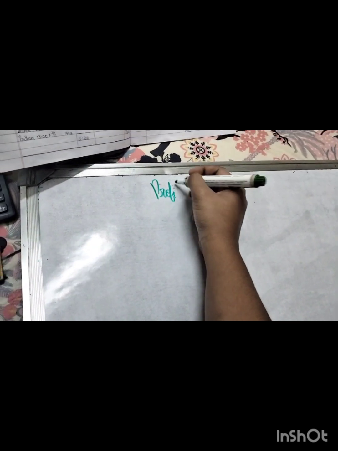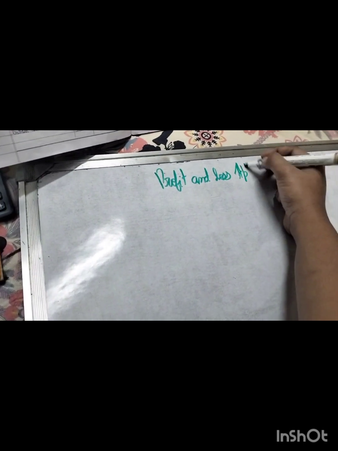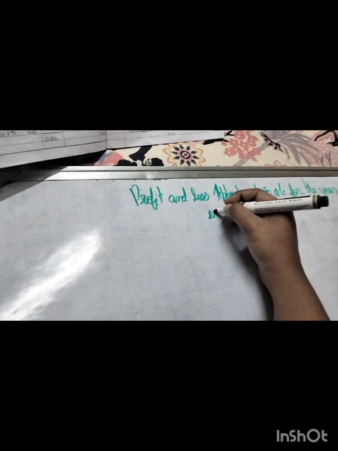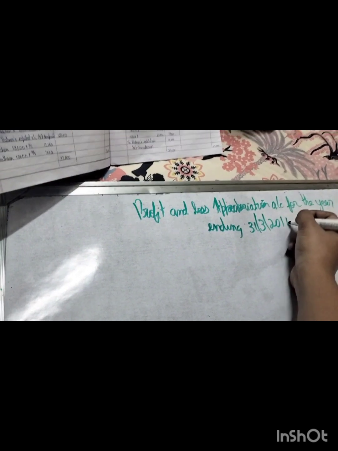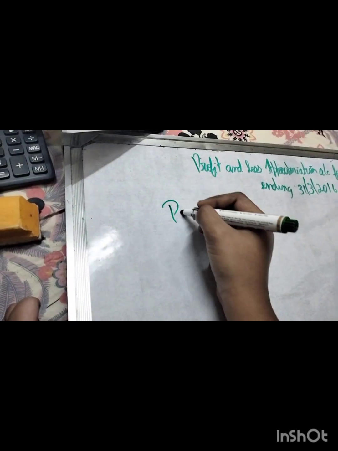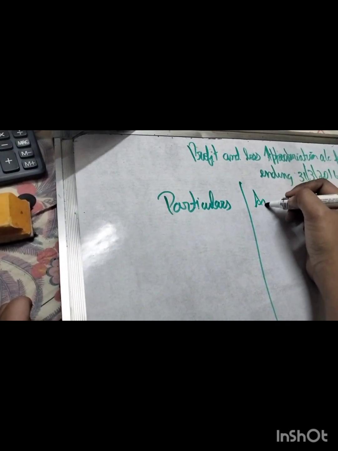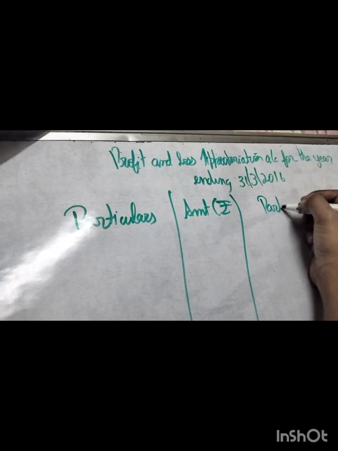Okay, so profit and loss appropriation account for the year ending 31/3/2016. Okay, next is the format. It's gonna be particulars, amount, make sure that you write the rupee symbol, particulars, and amount again.